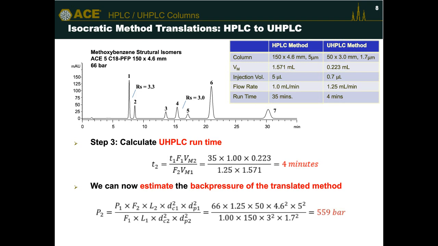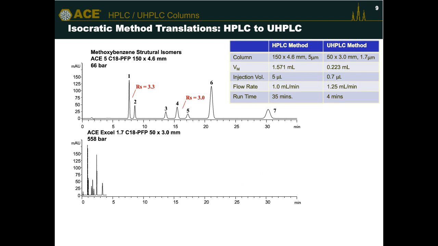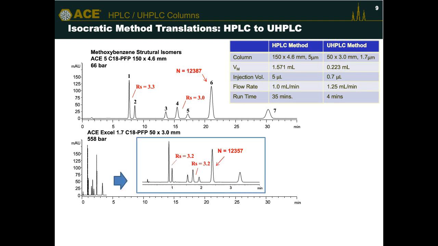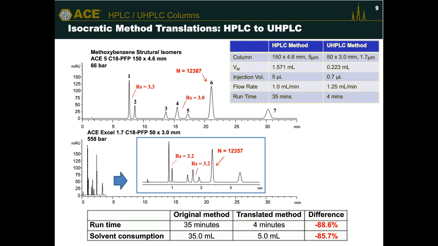So what does that look like? Well, it works. You can see when we're on the same scale that we've saved a lot of time. Our runtime is below 5 minutes. And if we drill down to the specific peak pairs, we are still achieving the same chromatography, just in much less time. In fact, we've saved nearly 89% runtime.